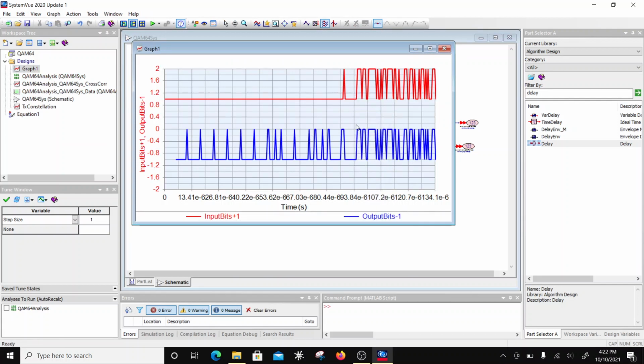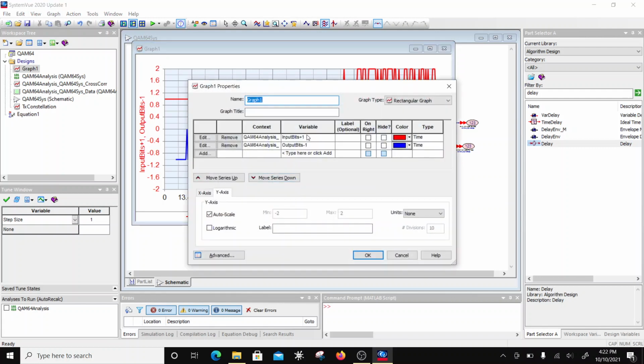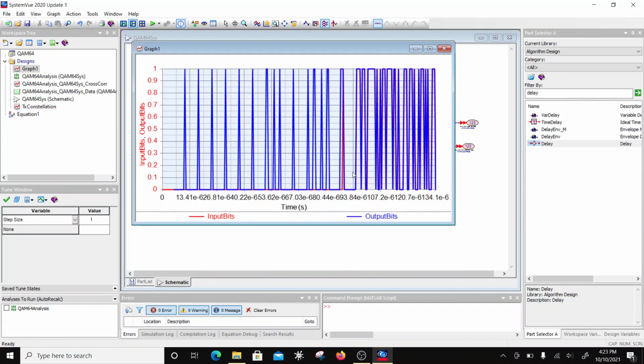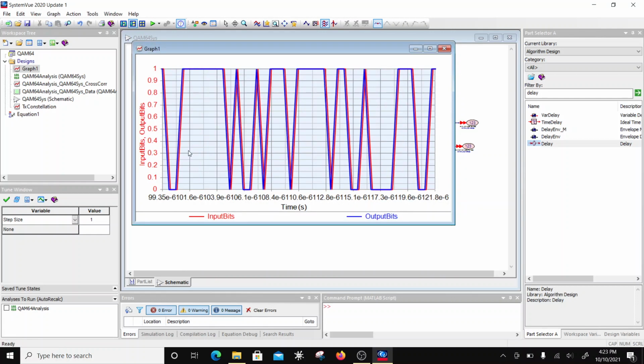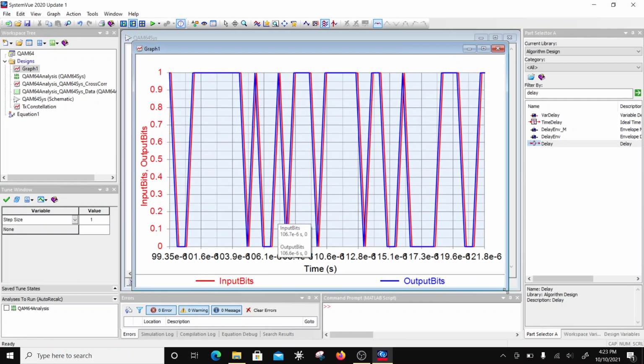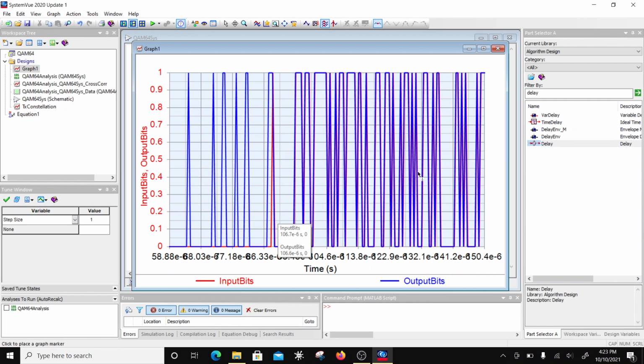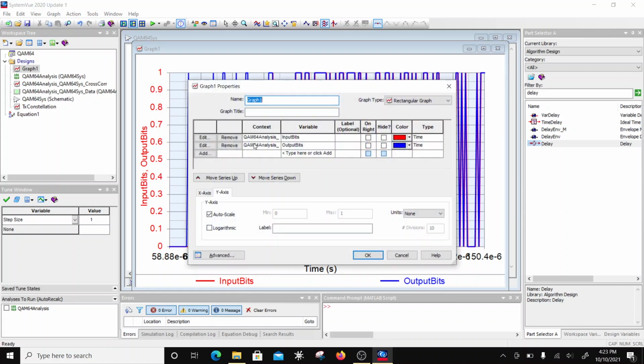So now I can put one on top of the other. So basically I can get rid of this plus and minus 1. Okay, so now here you can see they have almost lined up. So now I know how much is the delay in the path. The delay is 150, right? So let's rename this graph.